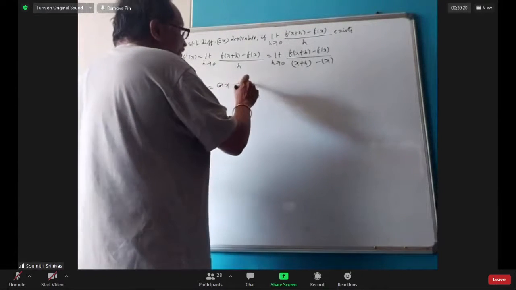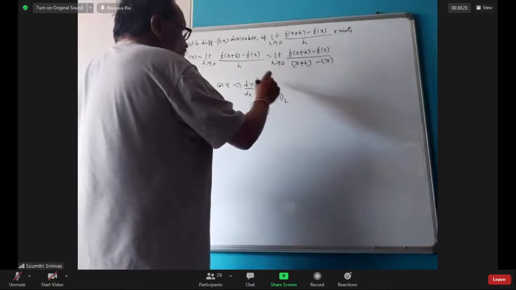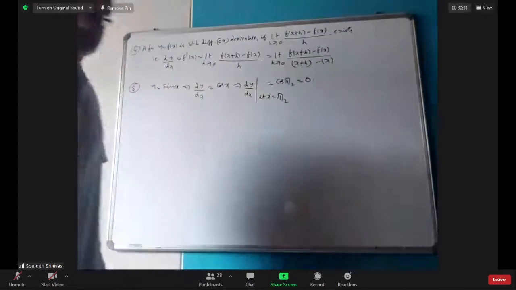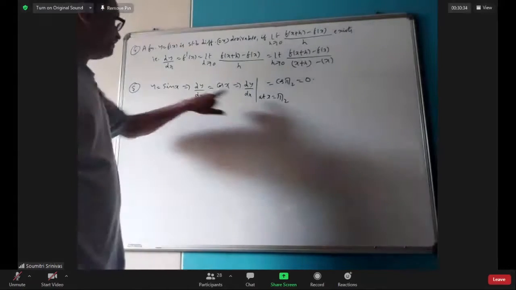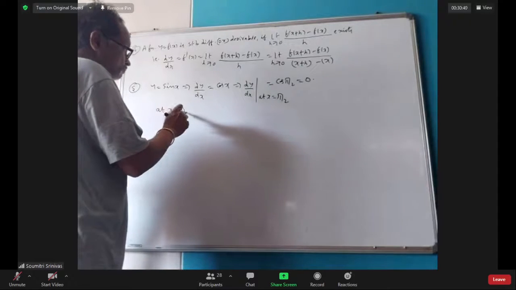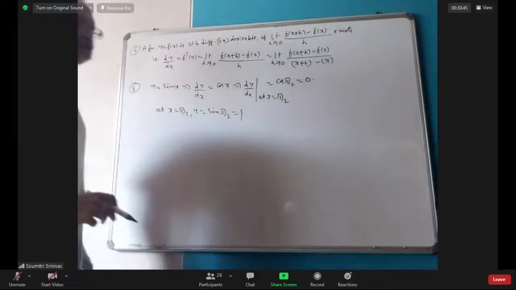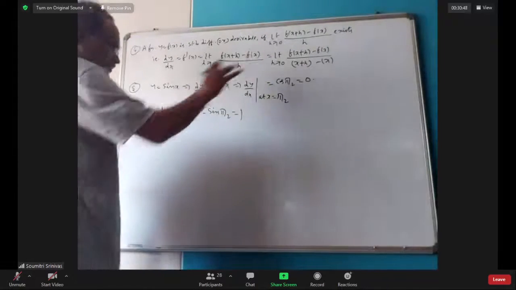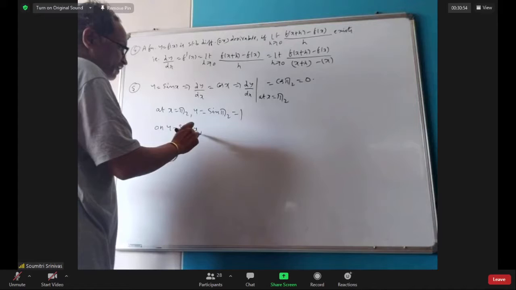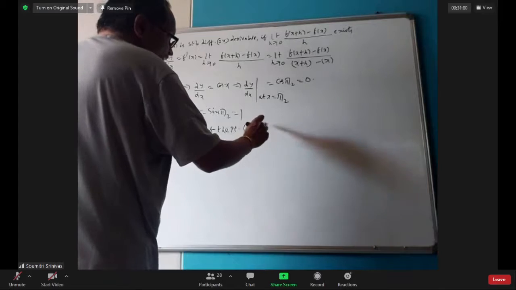What is dy by dx at x is equal to pi by 2? Am I correct? Yes, sir. At x is equal to pi by 2, what is the y value? 1. So what is the point on the graph? On y is equal to sin x, the point is pi by 2 comma 1.